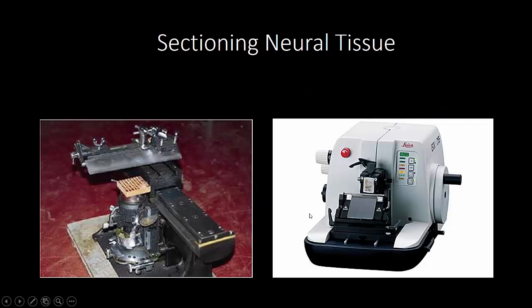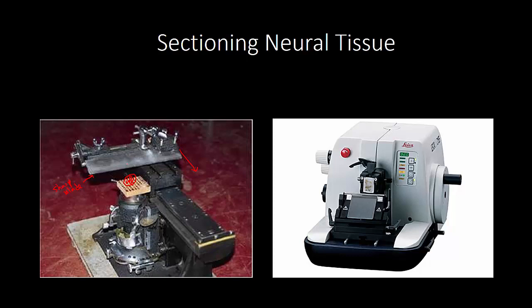This is just showing you how we cut it. This is a microtome. Here's a very sharp blade. This sample is going to go here. I then move this forward. As I move it forward, this sharp blade is going to cut through my sample, and I'll be left with a little hunk of tissue on here.